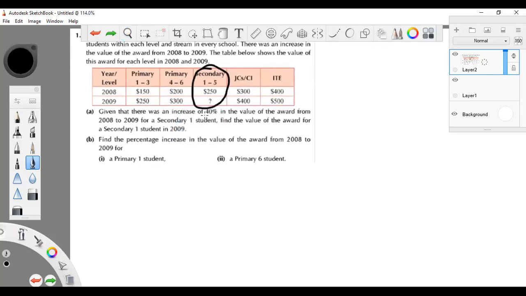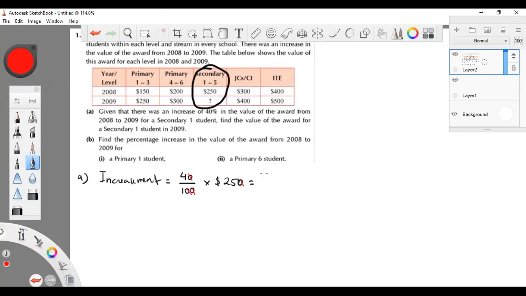If it is increased by 40%, for question A, you have to find the increment first. So the increment is 40% of the original. Which one is the original? $250. So you will get the answer as simple as this. Just cross the zero.